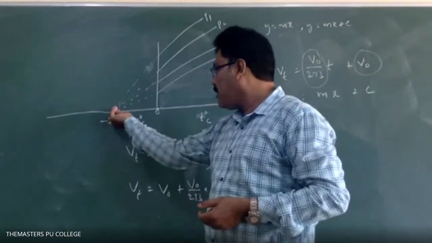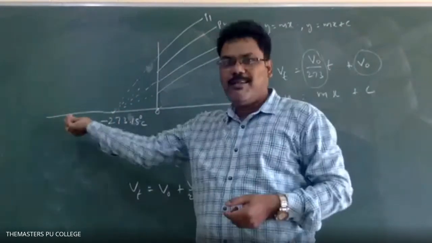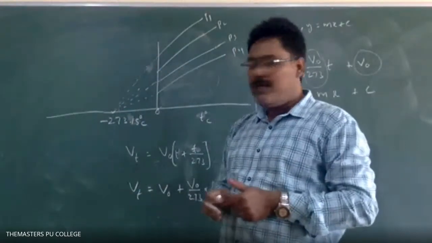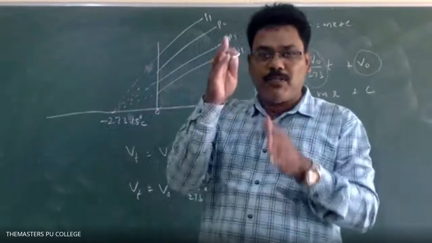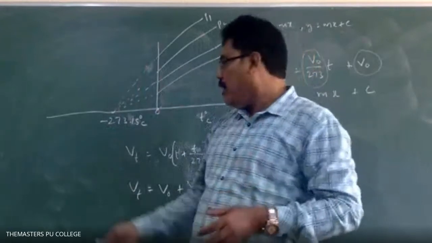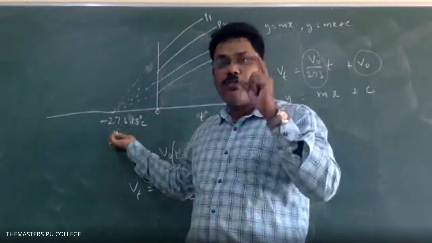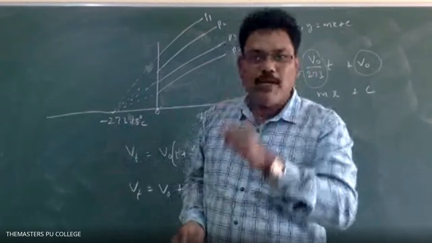At minus 273, it is completely on the x-axis, and x-axis means volume is 0. So the temperature at which the volume becomes 0 is known as absolute zero temperature. Remember this.